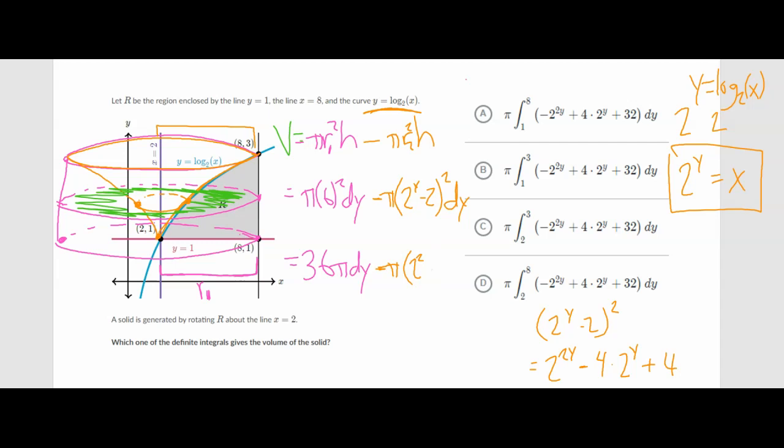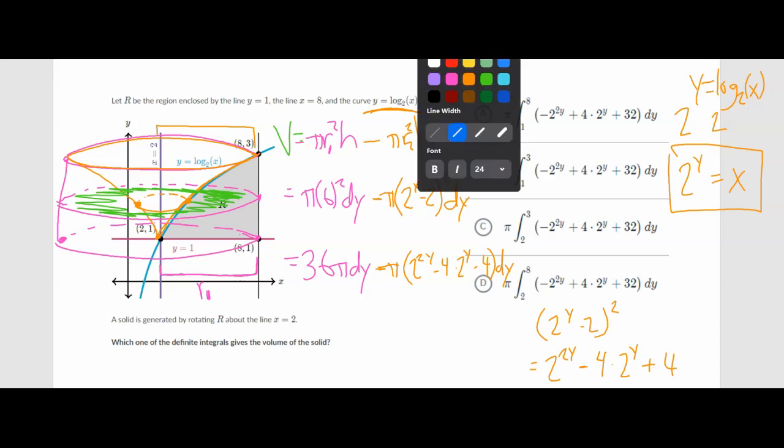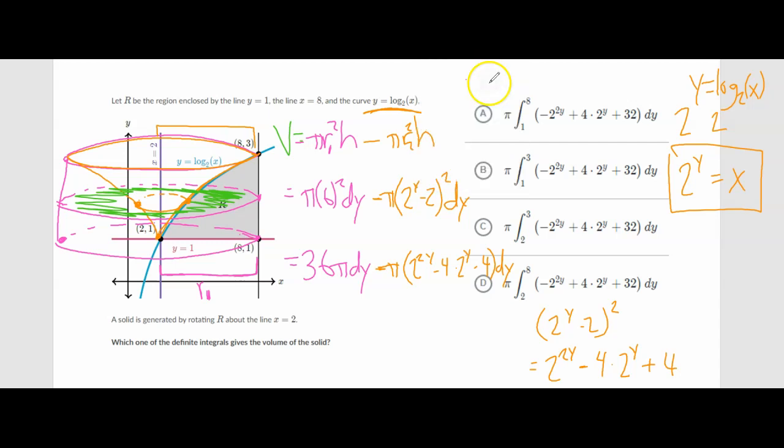And again, I encourage you to pause the video and work through that squaring process because it's a little different now that we have an exponential expression there. And then I'm going to factor out the pi and the dy. So I get pi out in the front.